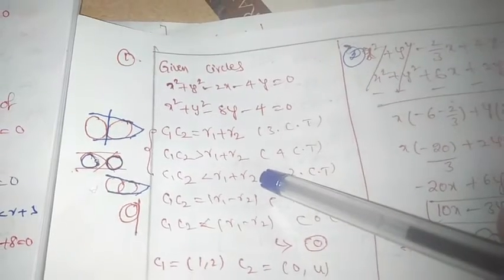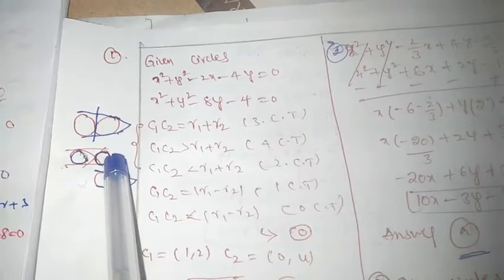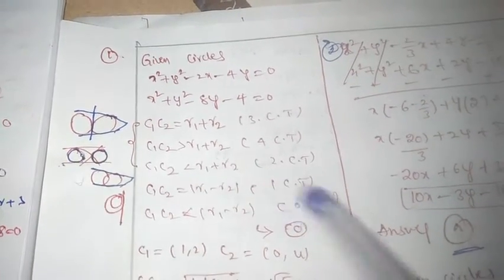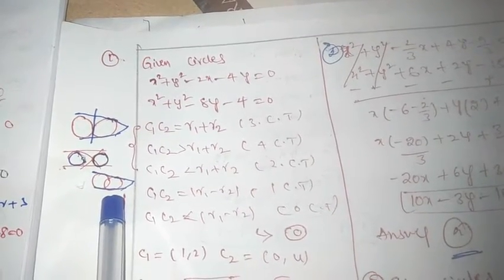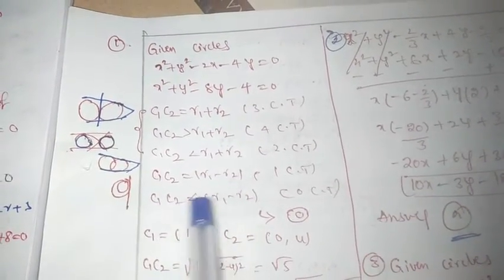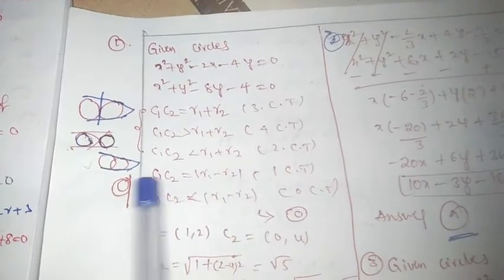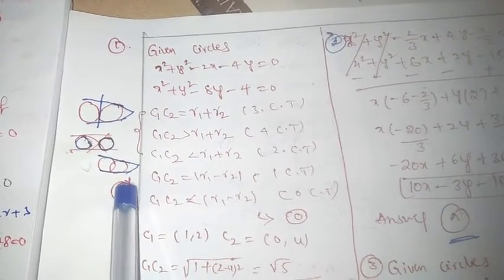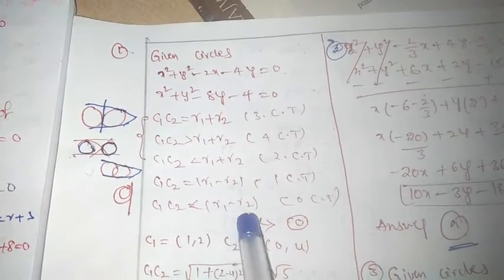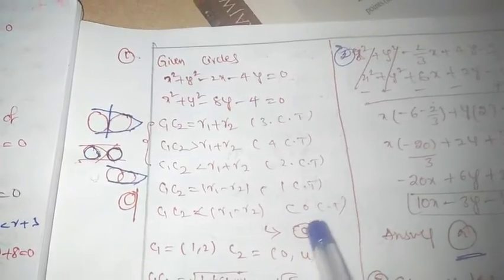If C1C2 is greater than R1 plus R2, the circles neither touch nor intersect. If C1C2 is less than R1 plus R2, they intersect. If C1C2 equals R1 minus R2, the circles touch internally. If C1C2 is less than R1 minus R2, one circle lies inside the other circle.